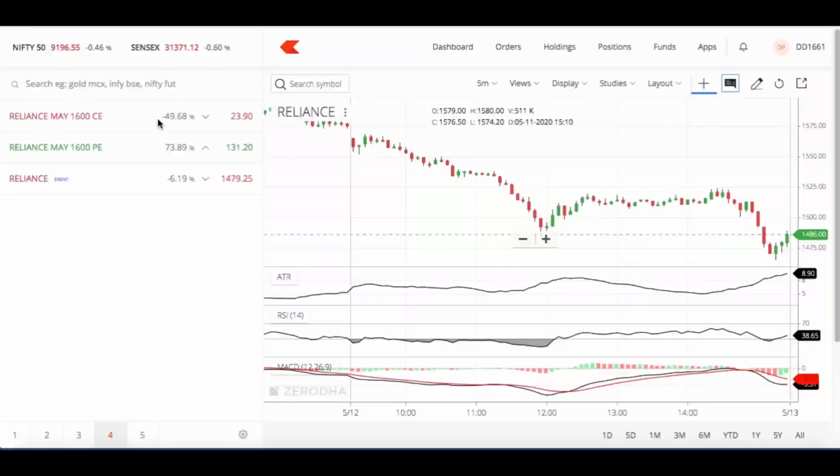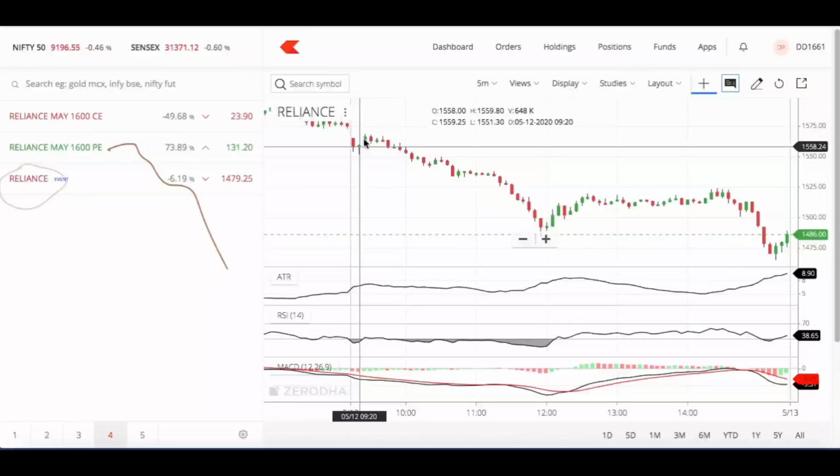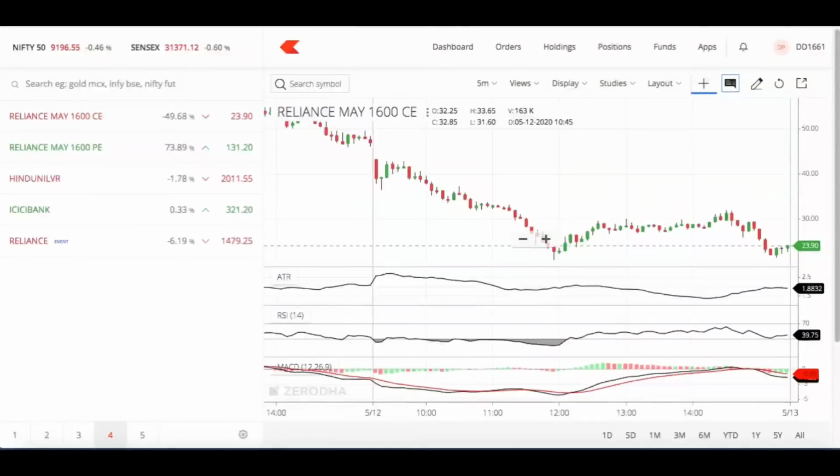All right, so now let's say for buying this Reliance, this is a Reliance stock, this is the call option here, and this is the put option. Call option means it will go along with the equity stock, and put option means it will go against. For example, this is a Reliance chart, today's 5 minute example, so it is going down, and this is a structure. Now I've taken an example of a call option.